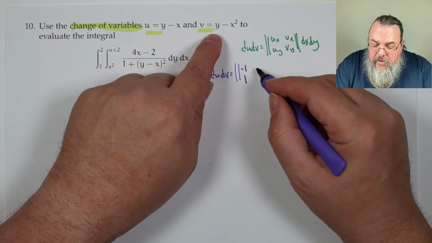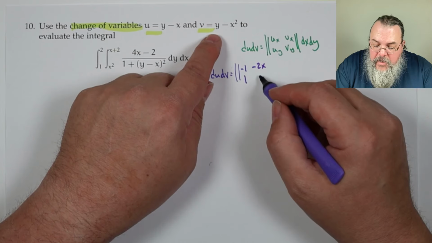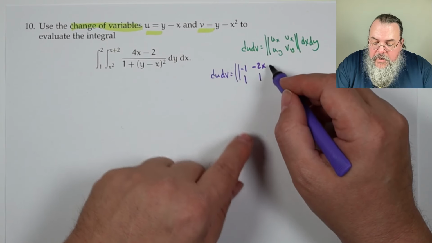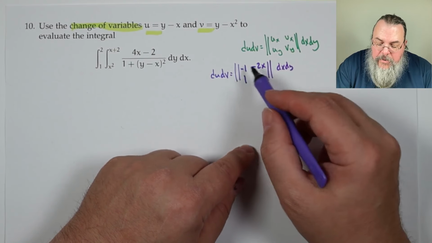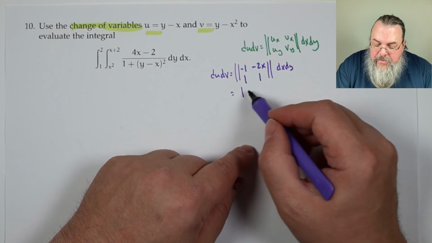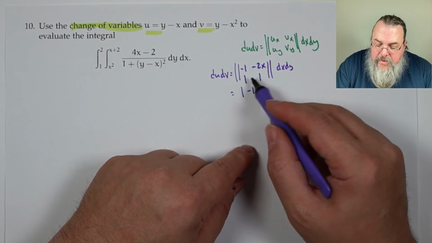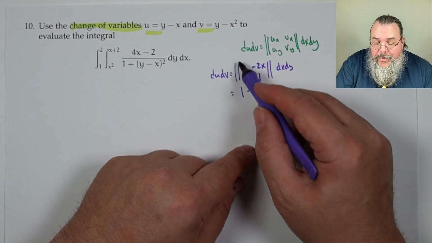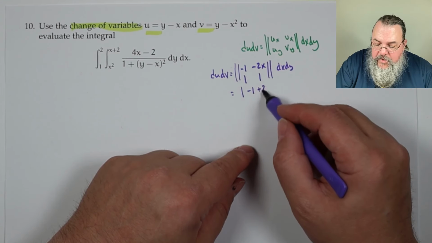V sub x minus 2x. And v sub y, 1. dx dy. All right, well, that becomes absolute value of minus 1, and then, right, because we're taking determinant, so down here, up through here, and then plus 2x.